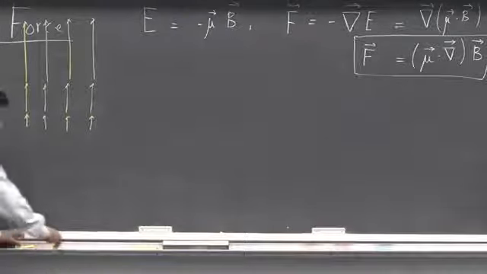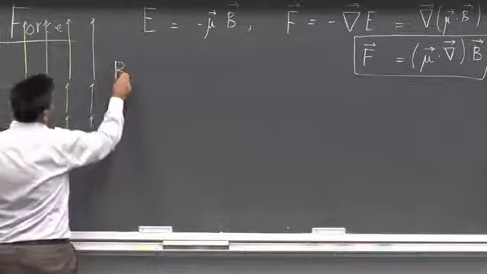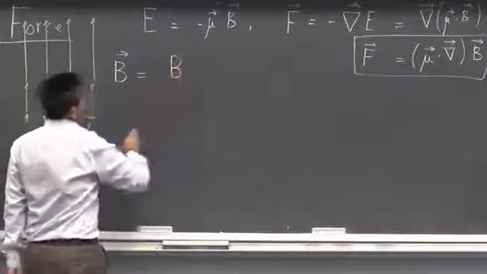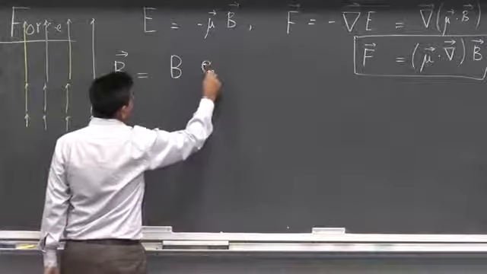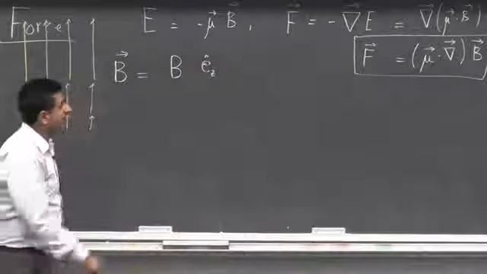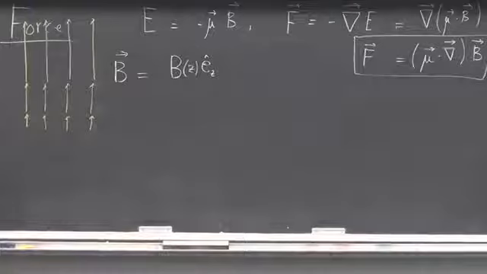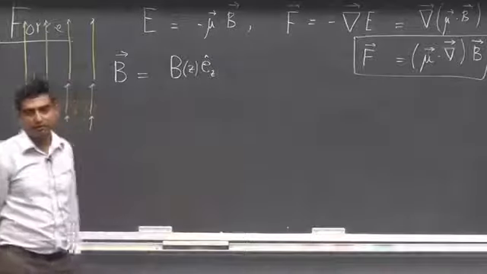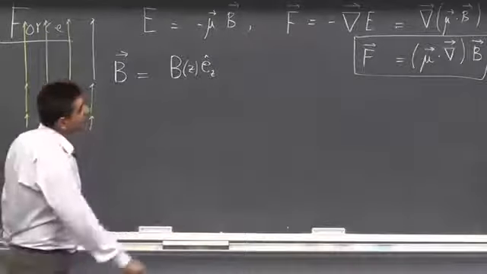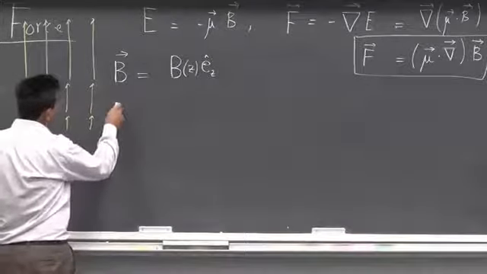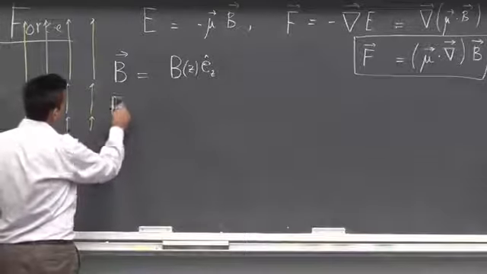So suppose you have a field of this kind. So the field only has a z component, and its magnitude depends upon z. So this is your magnetic field. Inhomogeneous, not uniform. And we all know that mu could be arbitrary. So if I take the dot product of mu and del, it will give me something. The force turns out to be the following.